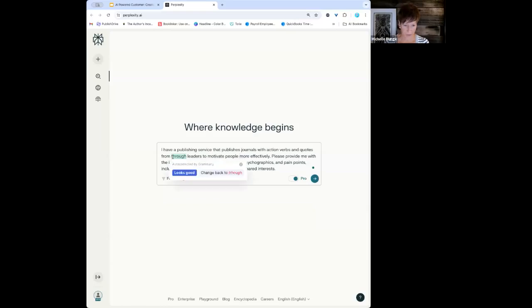So here's the prompt that I'm going to put in. Is that a decent representation, Anna Marie? All right, I'm going to go with this. This may be a little bit too general. Featuring action verbs. Okay, let me copy this. Copy. All right.